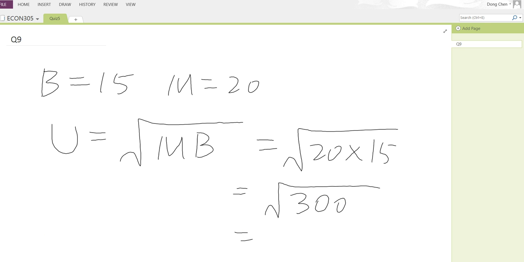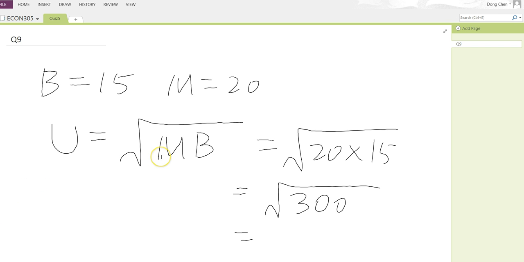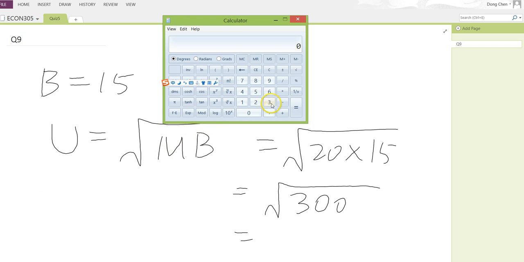If I pull out my calculator, this will give me the square root of 300.